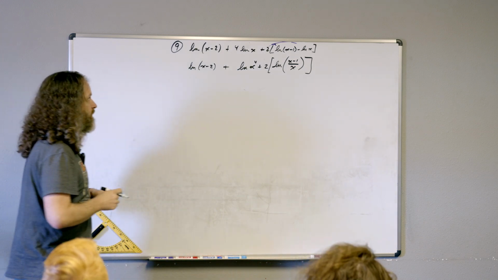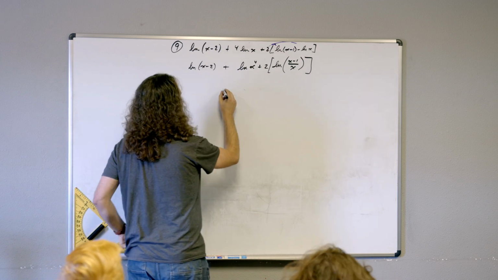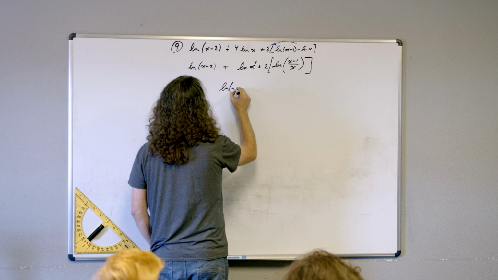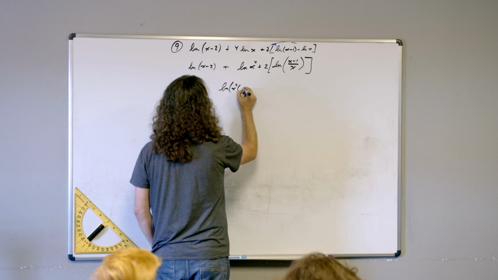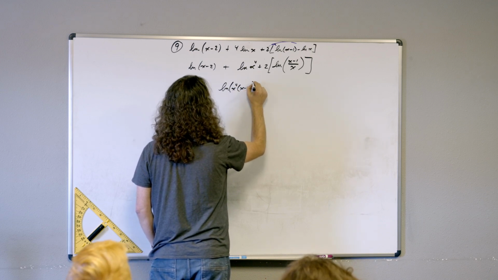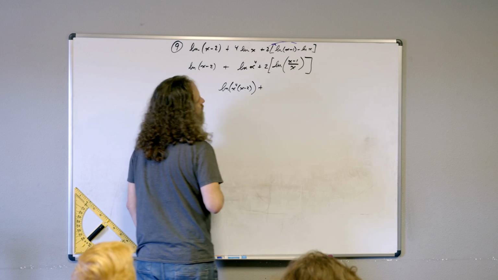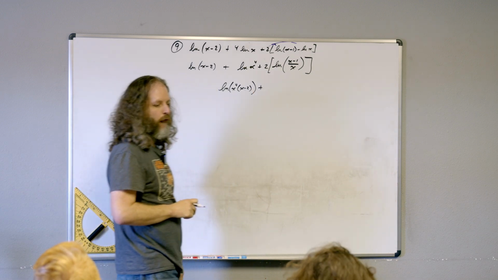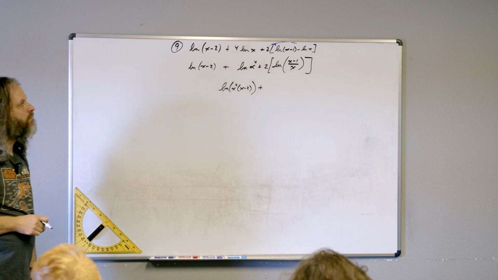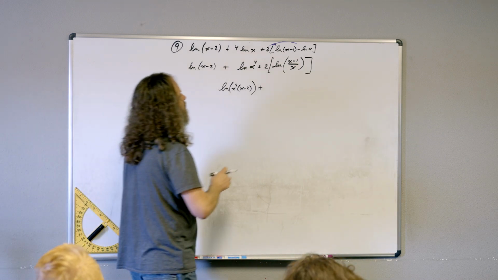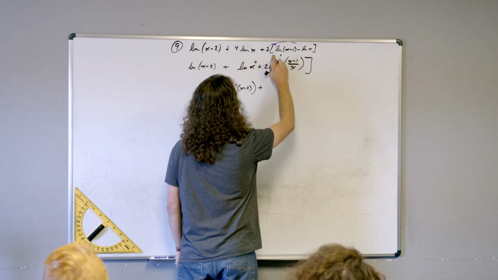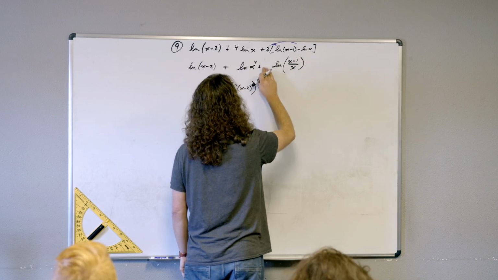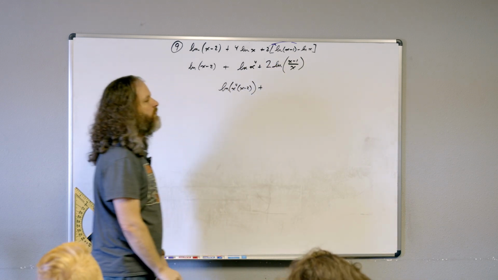We've got the product property right here. So we can turn this into the natural log of x to the 4th times x minus 2. What can we do with this other guy? We can do something else here. It might be easier to see if I do this. What can we do now?